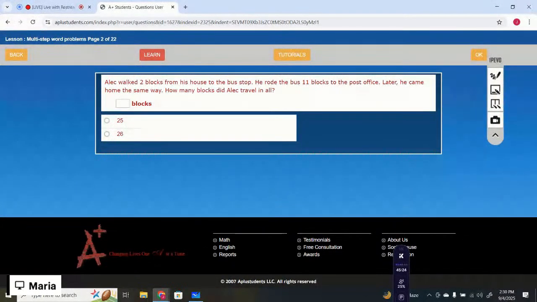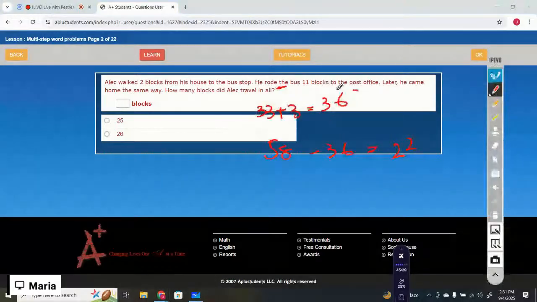Alec walked 2 blocks from his house to the bus stop. He rode the bus 11 blocks to the post office. Later he came back home the same way. How many blocks did Alec travel in all? So 2 blocks from house to bus stop, 11 blocks to the post office, then he came back the same way. So 22, 23, 24, 25, 26.